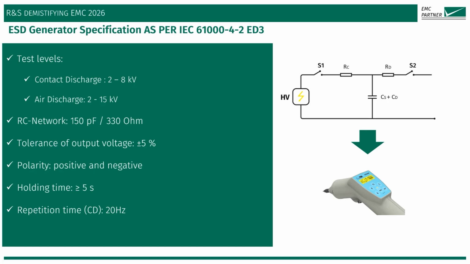The RC network is still 150 picofarad and 330 ohm. A new recommended RC network for wearables has been introduced, which is 200 picofarad, 50 ohm, but it is not mandatory. And the voltage tolerance is 5%, and both polarities must be tested.